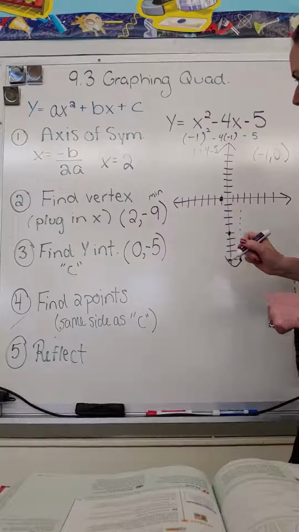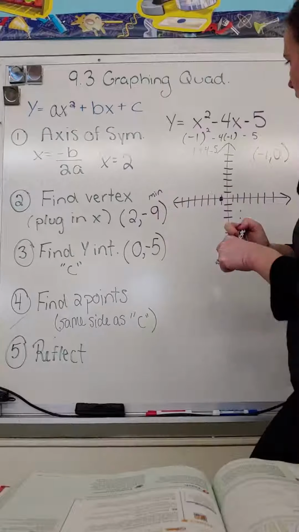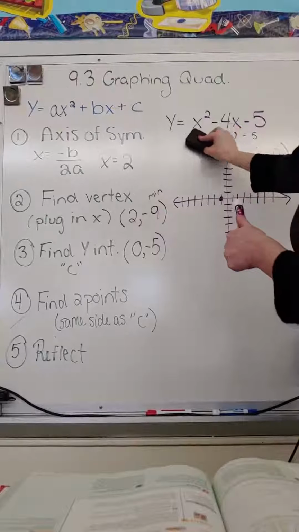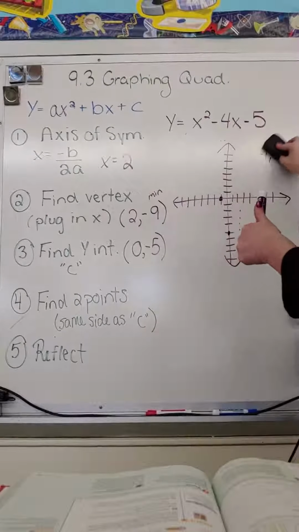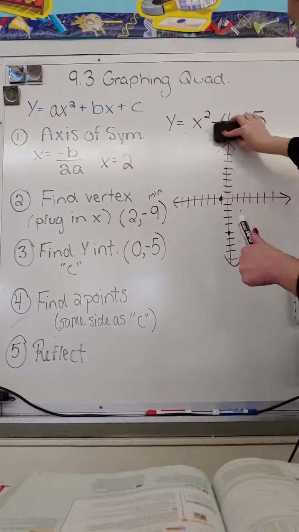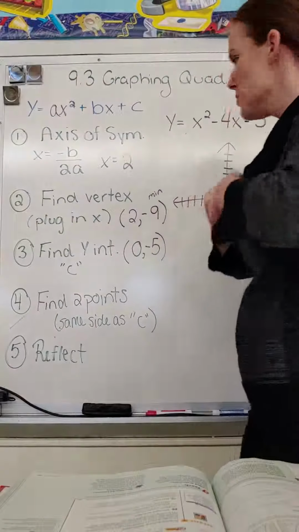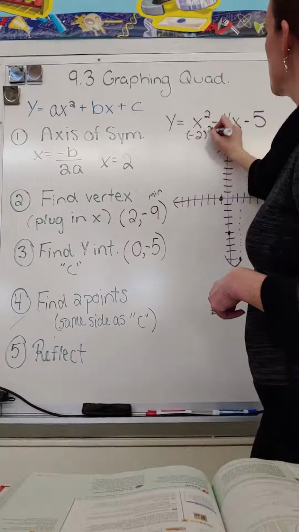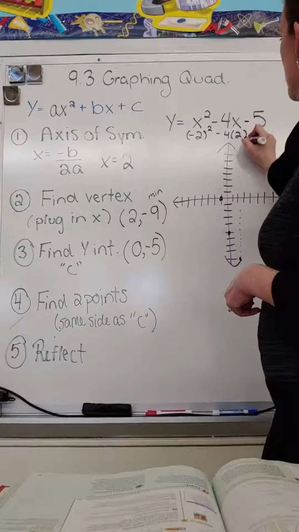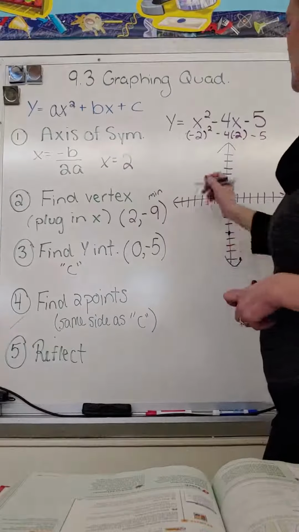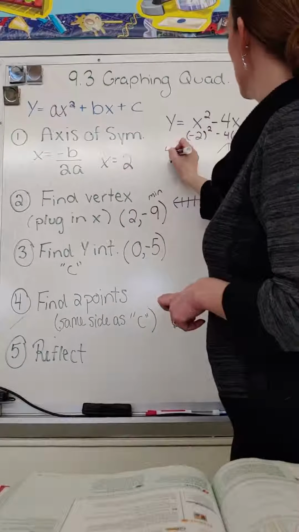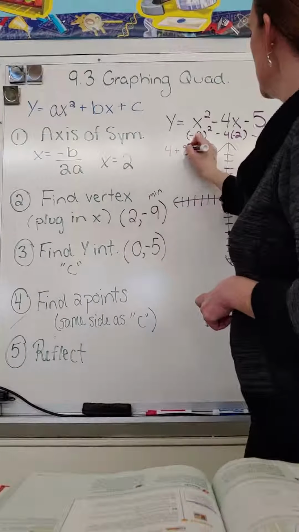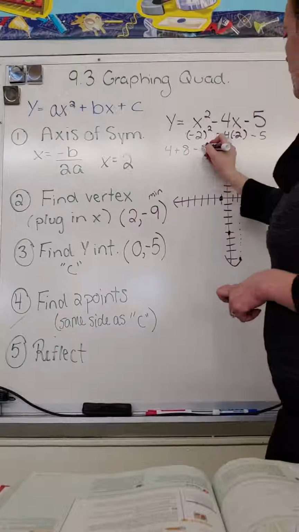And you might want to pick one more point. Maybe you pick a negative 2 this time. So again, I'm just randomly picking a point over here. Negative 2 squared minus 4 times negative 2 minus 5. Negative 2 squared is 4, and negative 4 times negative 2 would be plus 8, minus 5.